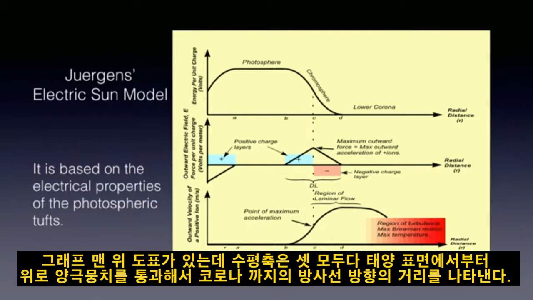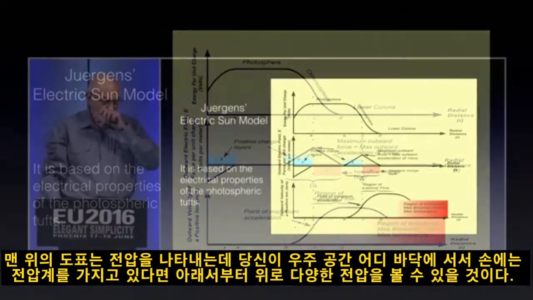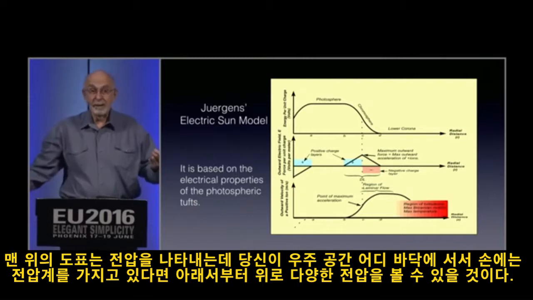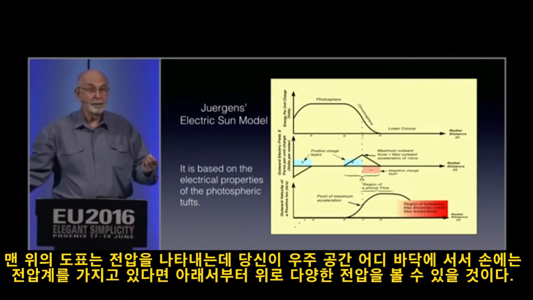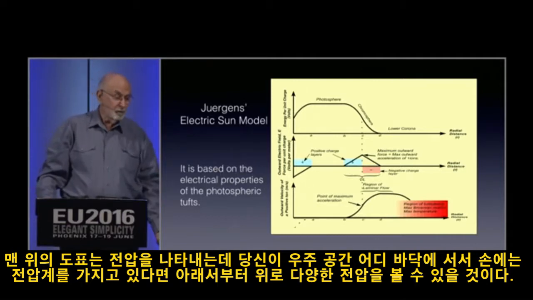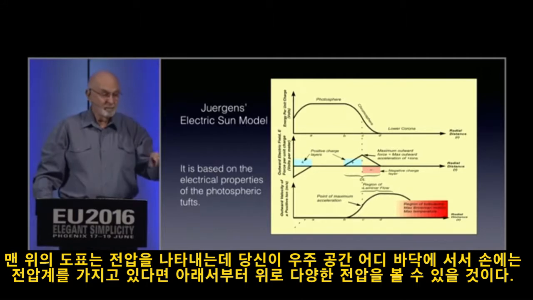The horizontal axis is the radial distance up from the surface of the sun, up through the tuft and then out into the corona. The top graph plots the voltage that you would see if you had a voltmeter in your hand. You could have a ground someplace out in space and look at how the voltage varies as you come up out of the sun, through the tuft, and then out the top of the tuft.